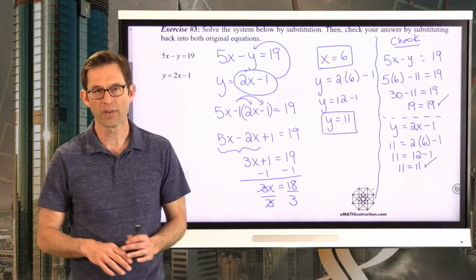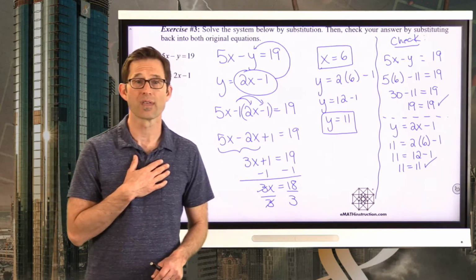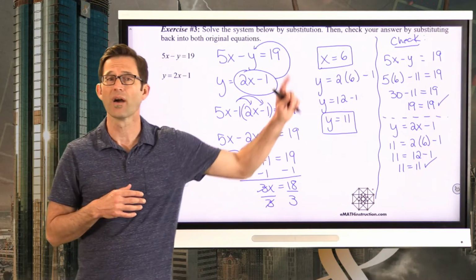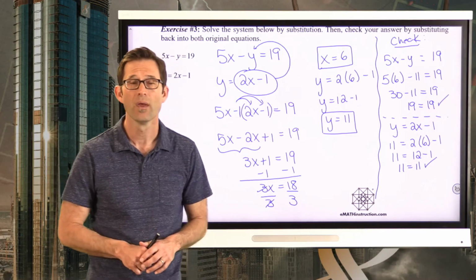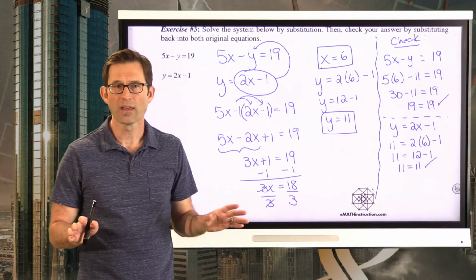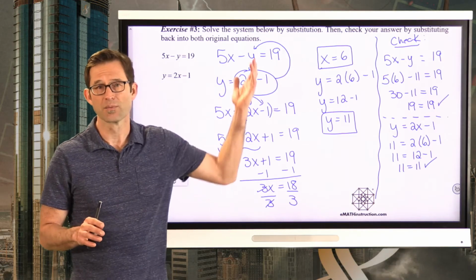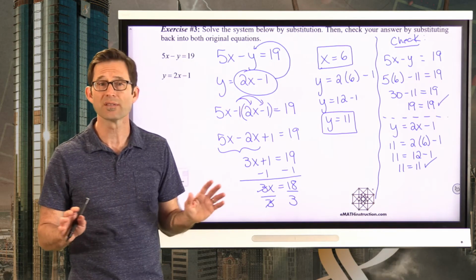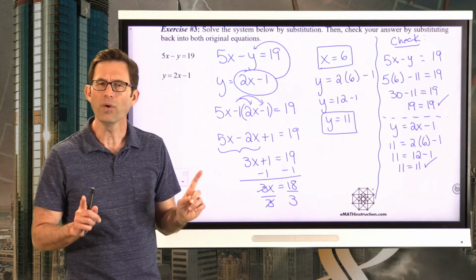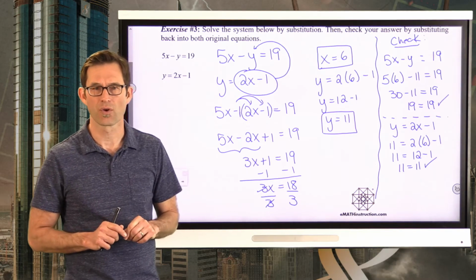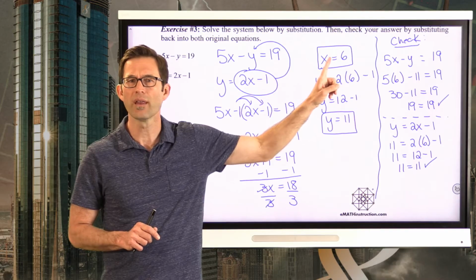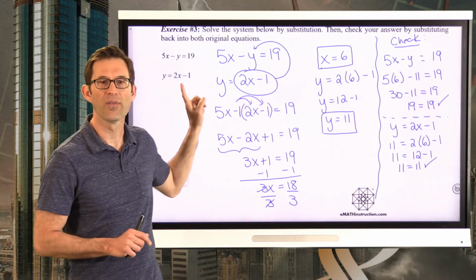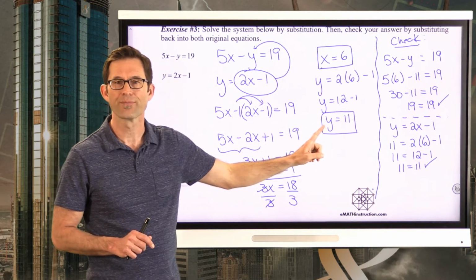Now, by the way, if you're the kind of person, and trust me, I fall into this category a lot, where I'm like, man, I'm pretty confident those are right, I'm not going to check. All right, look, if you're going to take the easy way out, now on this problem it says check your solutions, but let's say it didn't. If you want to make sure your solution is correct, remember here, when I did x equals 6, I plugged it into this equation and got y equals 11, okay?